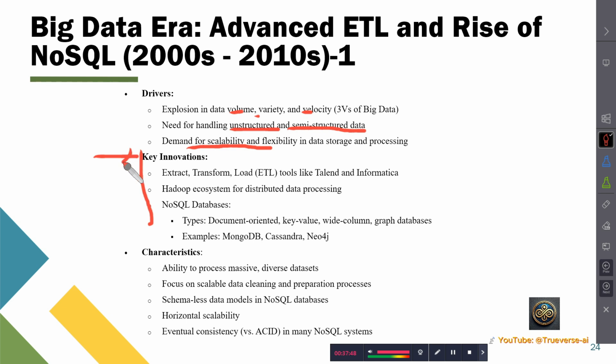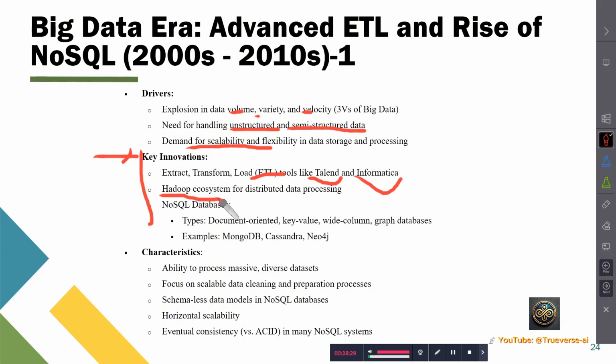Regarding data innovation, one of the most important advances was the rise of ETL, extract, transform, load. Tools like Talend and Informatica streamlined the cleaning, transformation, and integration of data from diverse sources.